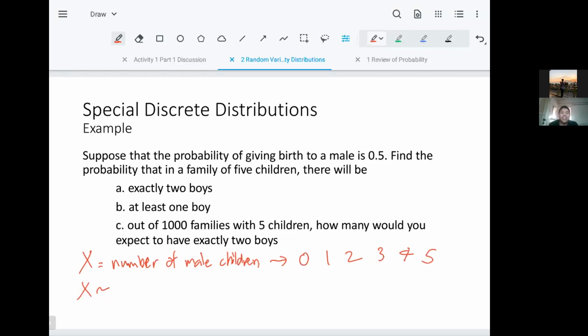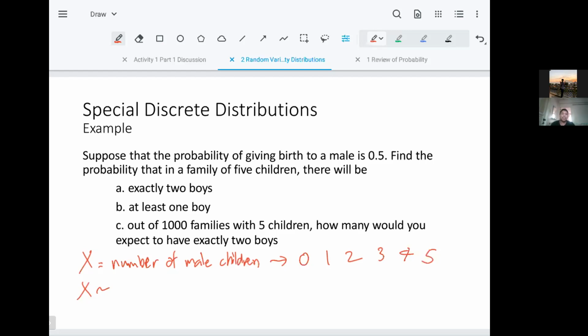Hindi siya hypergeometric na naman. Ang hypergeometric, by elimination, binomial. Okay, binomial siya. Pag Poisson, given ka ng average rate, so wala ka namang average rate na binigay. Imagine niyo yung card problem natin kanina. Anong probability na makuha ko si 4 of spades? 1 out of 52, di ba?